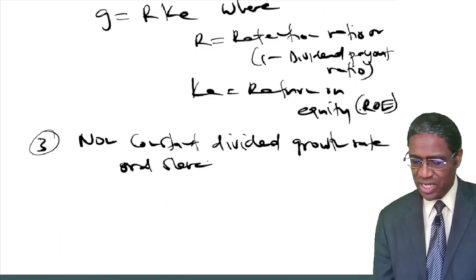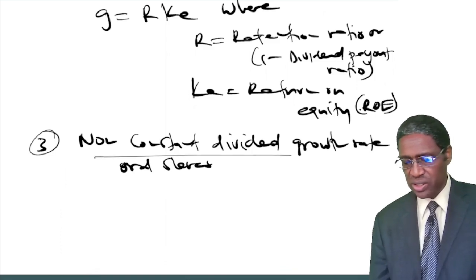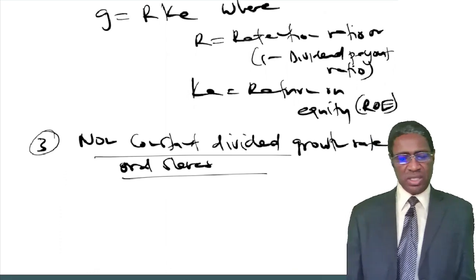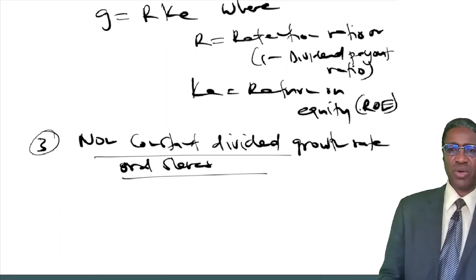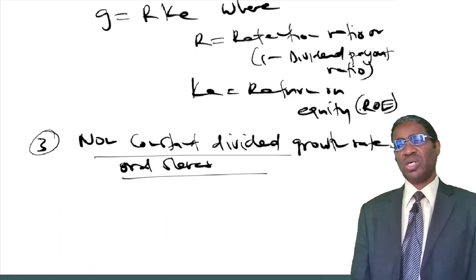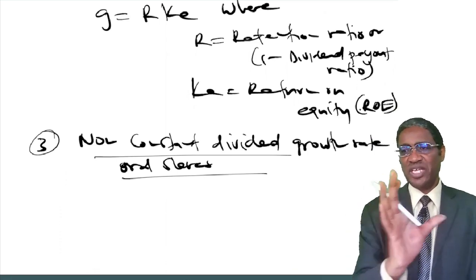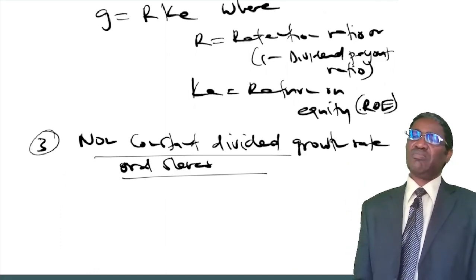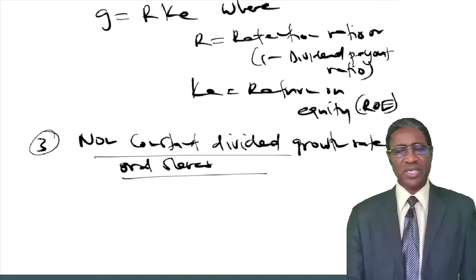That is the third category of ordinary shares. To finish, I talk about how to determine the value. It is where the dividends are not constant in the earlier years, but grow at a constant rate in the later years.